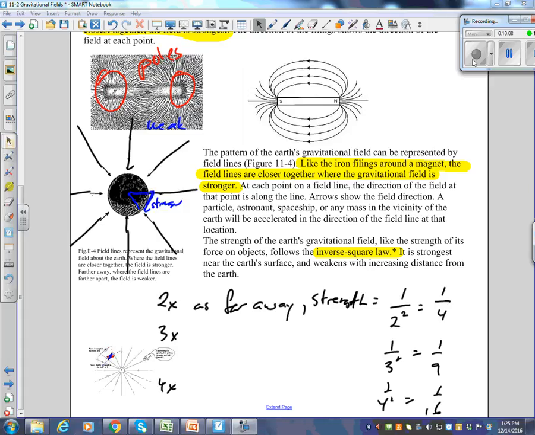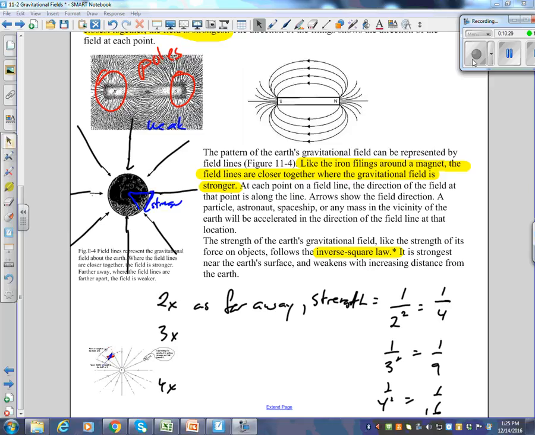If I go here, it's actually 4 times brighter. If you go 3 times as far, it's now 1/9 as bright. It's 9 times brighter where she is than it is here.